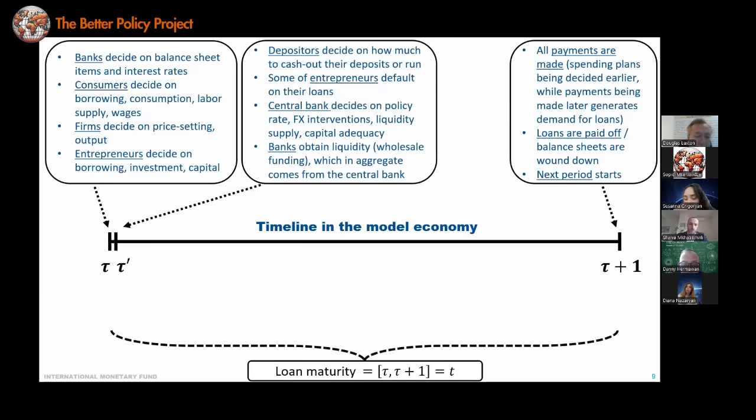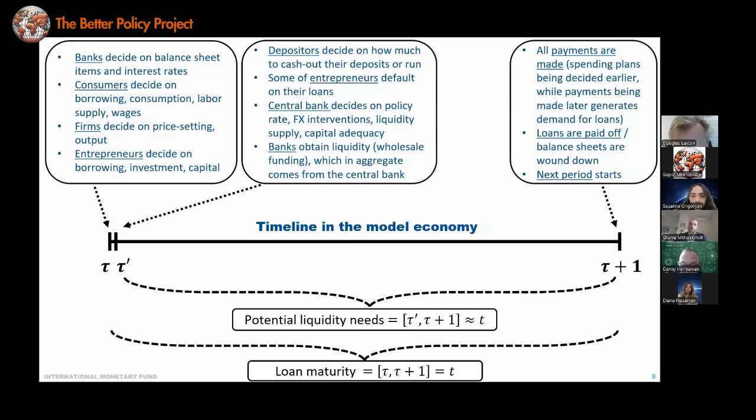So that's why we have this loan maturity being equal to the whole period. And then the potential liquidity needs for banks will be a slightly shorter time period. But because of our assumption that tau prime and tau are very close to each other, we assume that this liquidity borrowing from the central bank is of the same kind of duration as the loan.